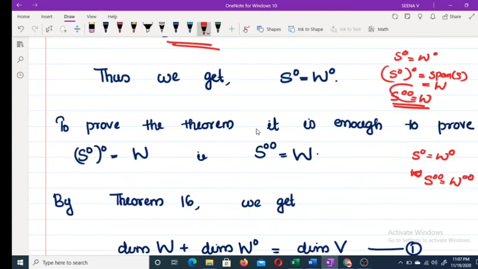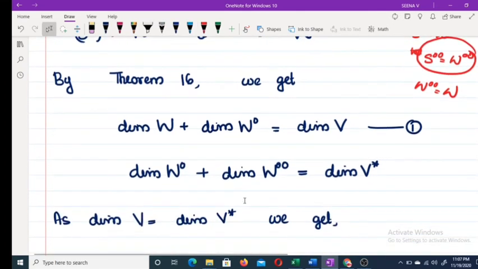So to prove S double naught is equal to W, we have to prove W double naught is equal to W. Already we get W is a subset of W double naught.